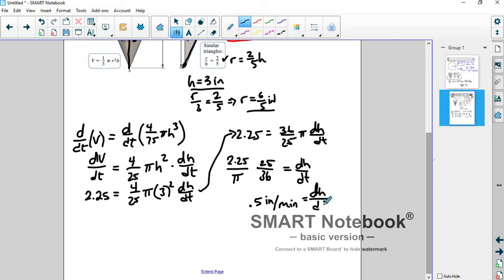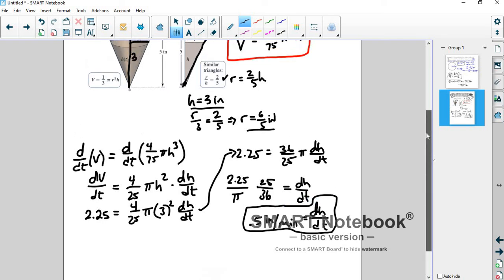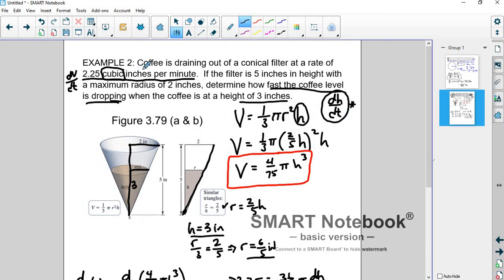That's dH/dt. And it's understood that this rate of change here is negative. Why is it negative? Well, coffee is draining out. So technically this dV/dt was negative, but because they asked for how fast is it dropping, I didn't need to use a negative.